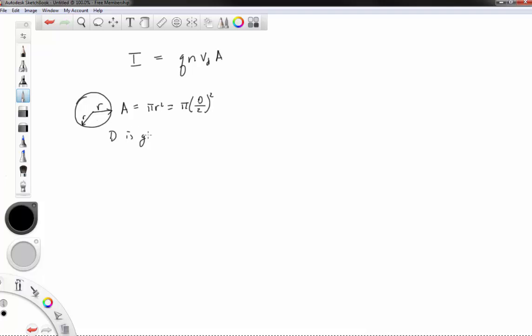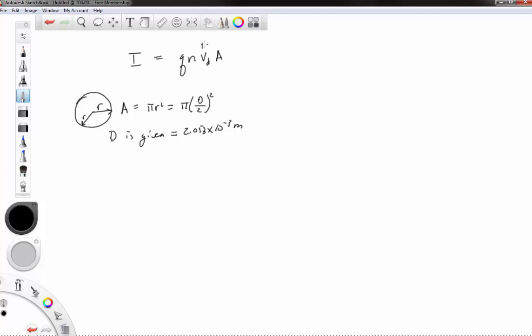D is given. It is basically 2.053 millimeters, or 2.053 times 10 to the minus 3 meters. Alright, so we've got that.